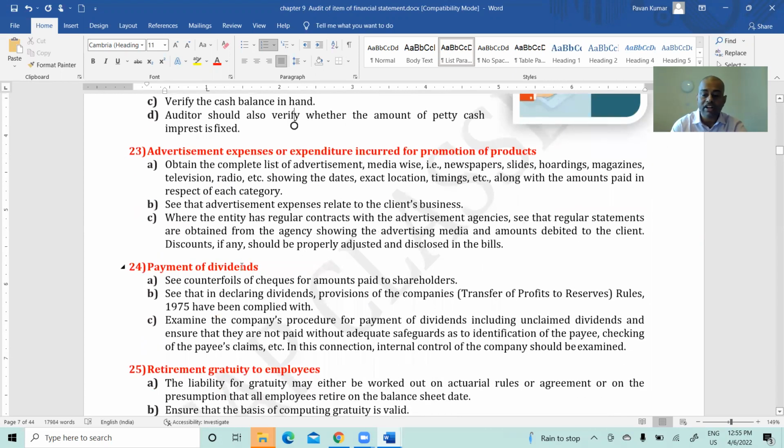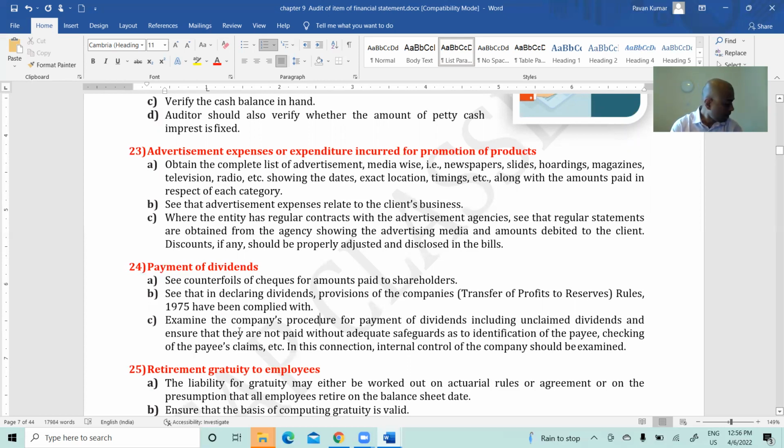Okay, next, advertisements. Read. Advertisement expenses or expenditure incurred for promotion of products. Obtain the complete list of advertisement media-wise, that is newspapers, slides, hoardings, magazines, television, radio, etc., showing the dates, exact location, timings, along with the amounts paid in respect of each category.